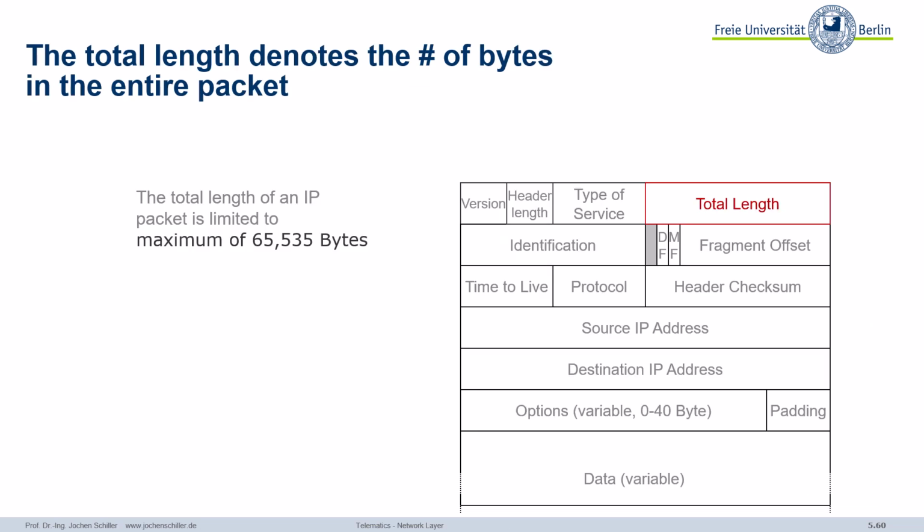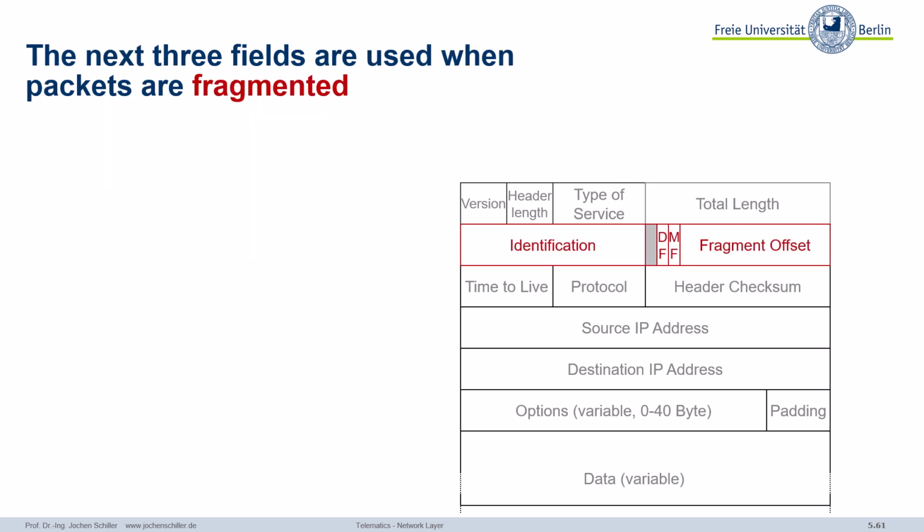We have the length field, so the total length of the packet, and that's also limited, so that's the maximum length, 64 kilobytes, that's the maximum length of a packet. Then we have 32 bits that are quite interesting, in IP version 4, not in IP version 6 any longer. In IP version 4, we have a way to fragment packets.